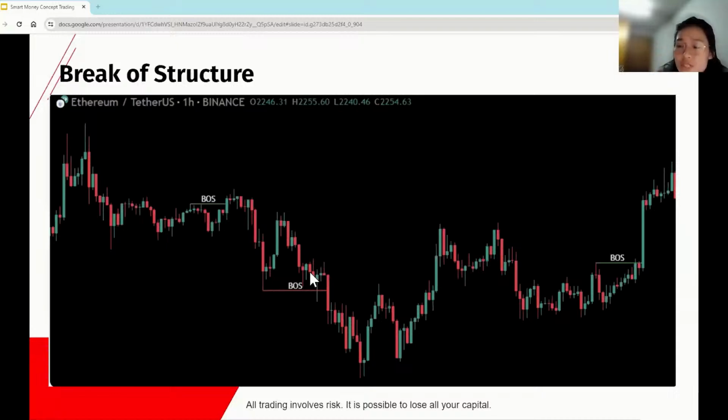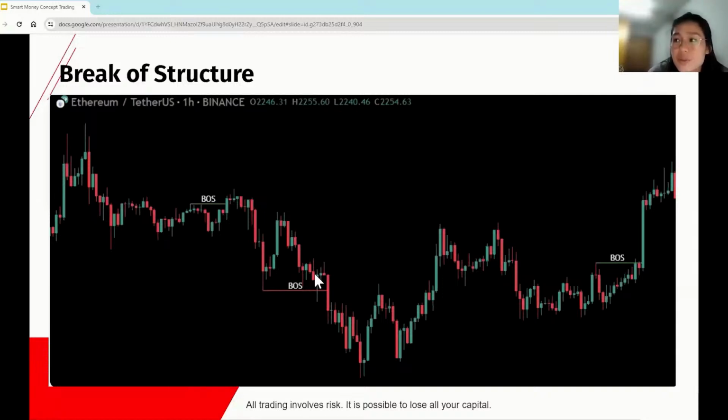If we look at this downtrend here, this is the swing low. From this swing low, price broke below this level. So we are expecting prices to continue to break below this level. It's pretty straightforward once you understand it.